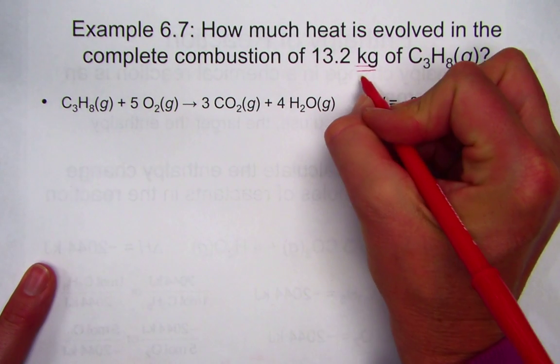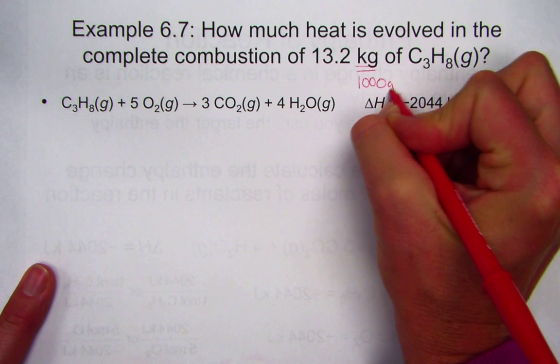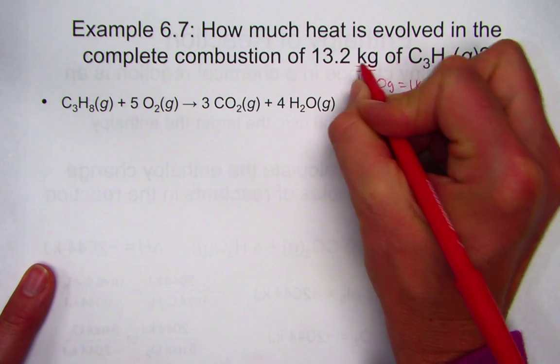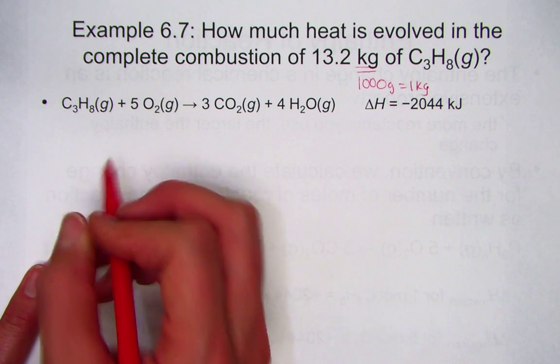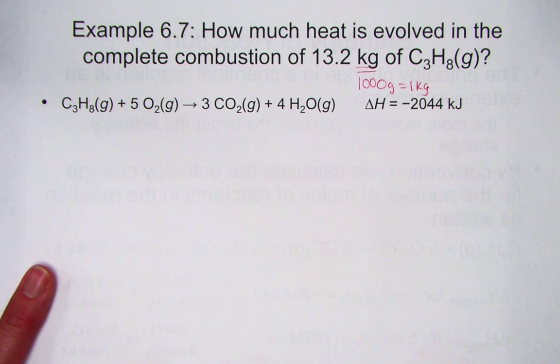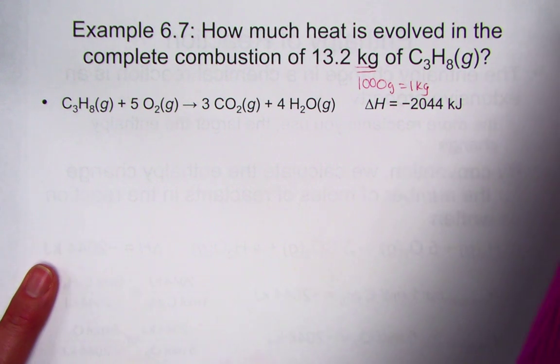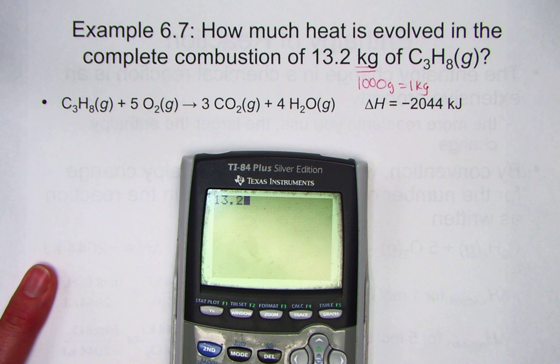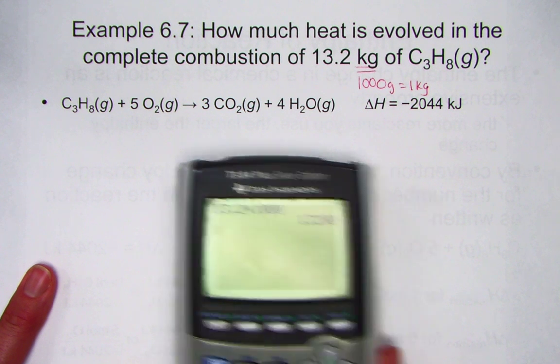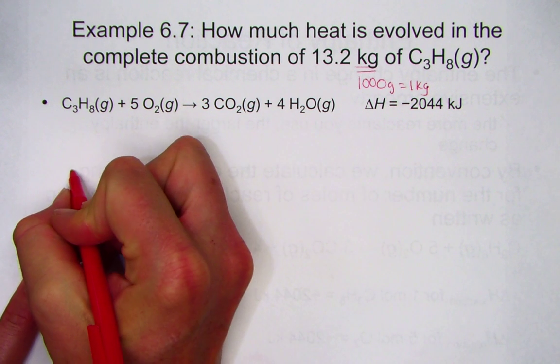I remember that 1,000 grams is equivalent to 1 kilogram, that prefix kilo stands for 1,000. So if we simply multiply 13.2 by 1,000, we'll just slide the decimal place. I can show that, but you can probably do that as mental math. Sliding the decimal to get rid of the kilo gives us 13,200 grams. And that's where we'll begin this journey.